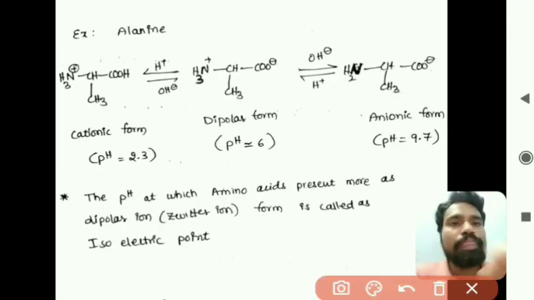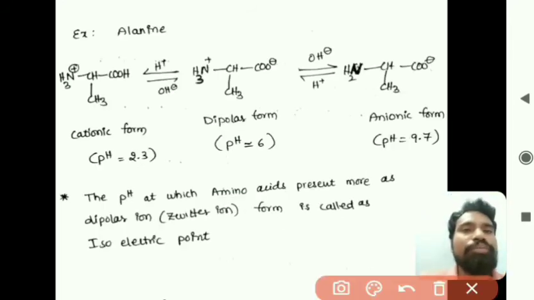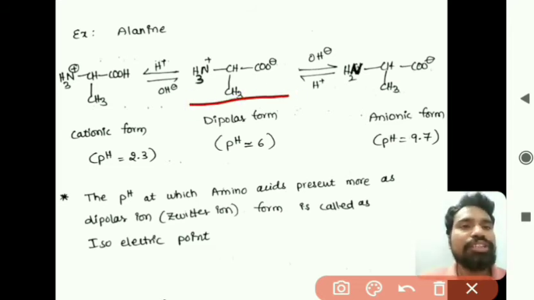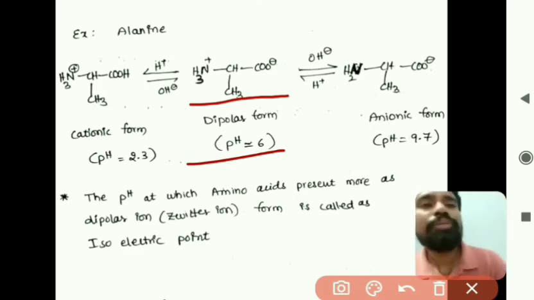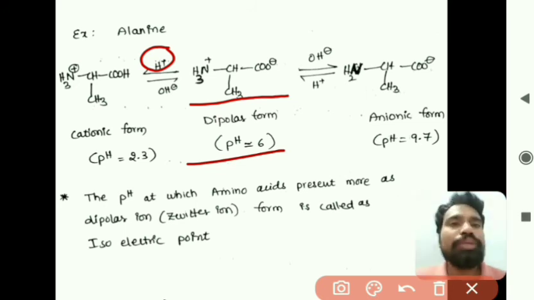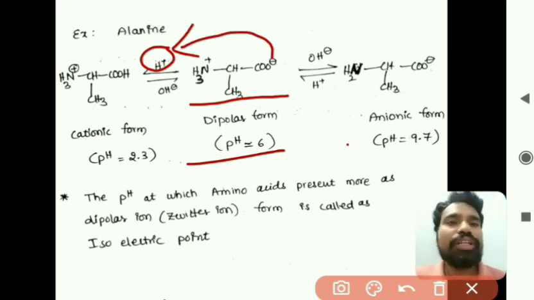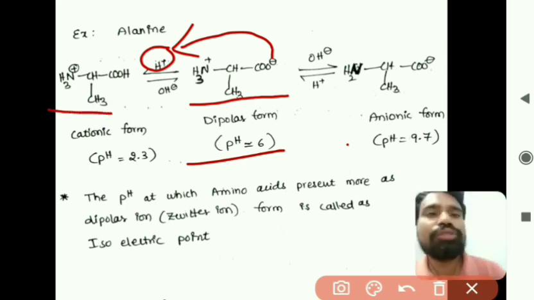So now, just take an example of alanine. This is the dipolar structure of alanine, that is NH3 plus CH3 COO minus, the dipolar form. This is around pH 6 to 6.5, right? So in the acidic medium, when we treat it with H plus ions, then this COO minus will take the H plus, and it forms COOH, right?